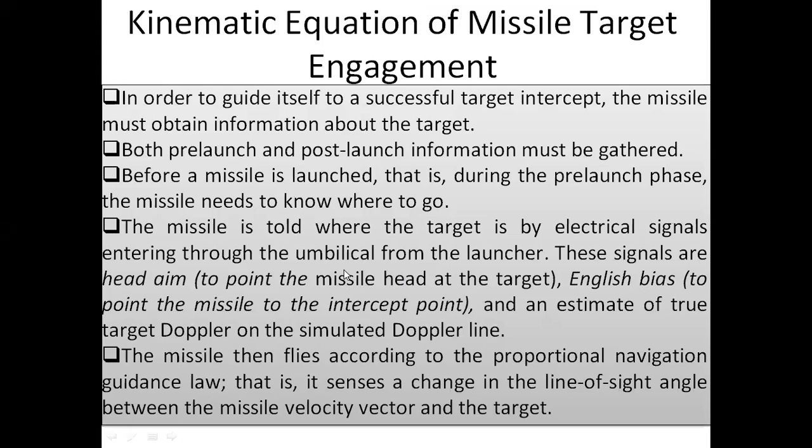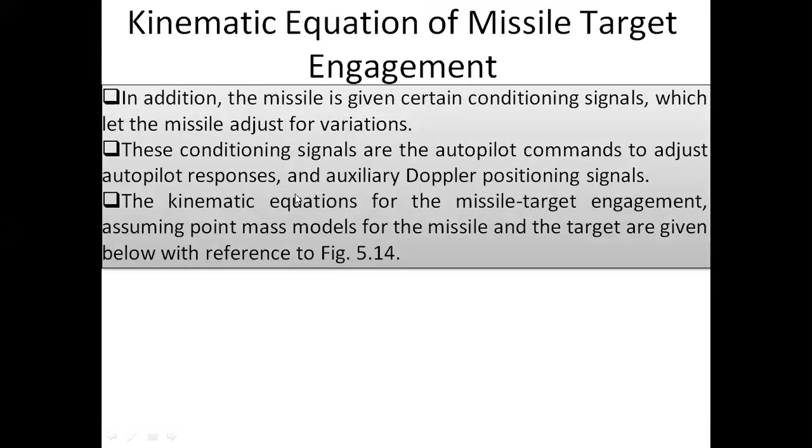Now, apart from this, we need to apply some signals additionally to the autopilot system, that are the kinematic equations. We can derive these equations using the point mass model of the missile and the target for a given guidance system.